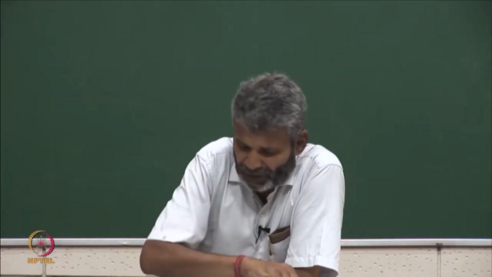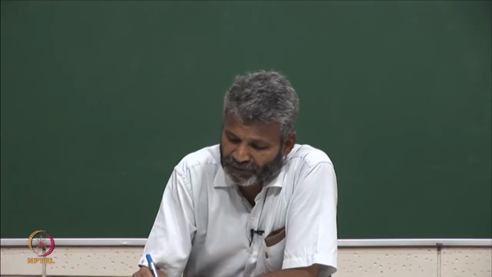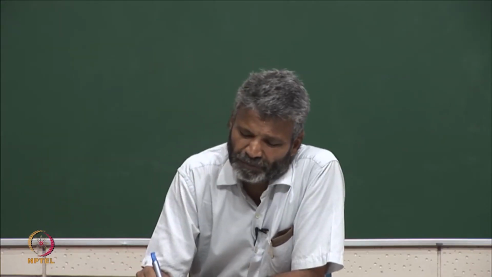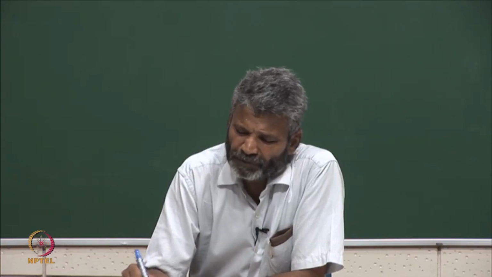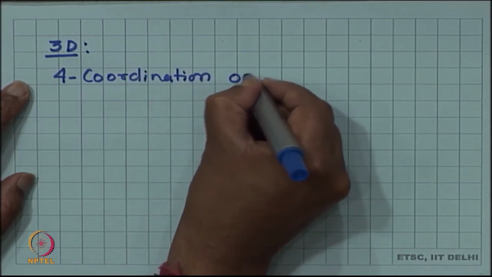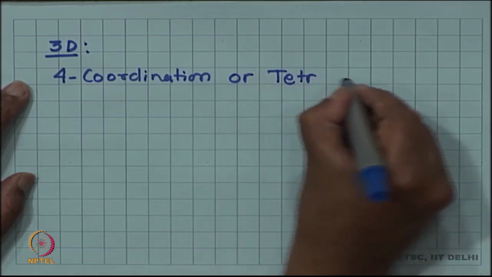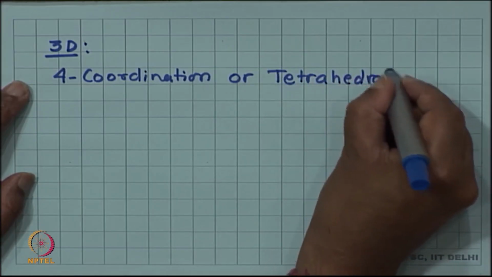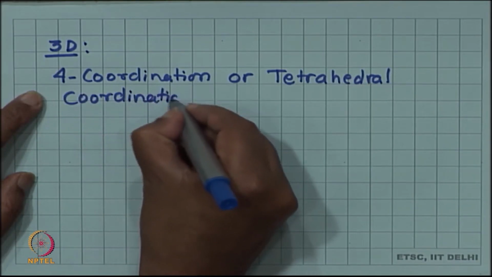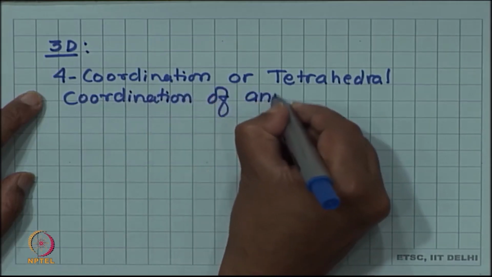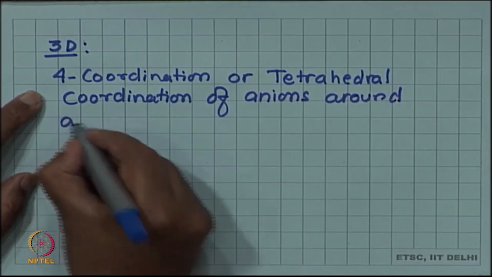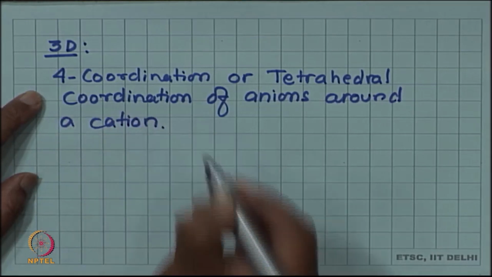So if you come to a 3-dimensional structure and think of the next higher coordination number, that is 4, 4 coordination or tetrahedral coordination of anions around a cation.